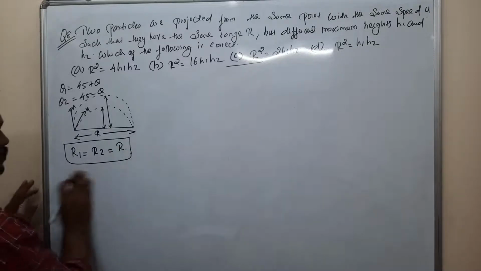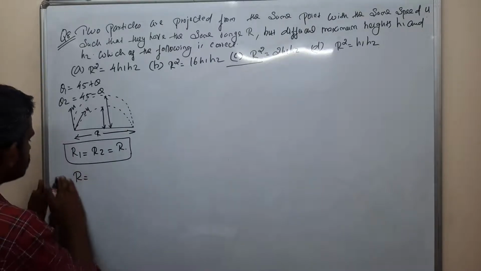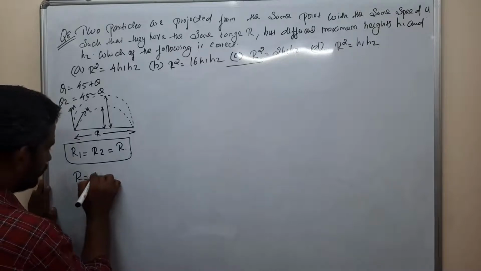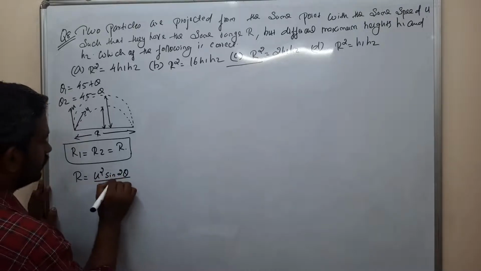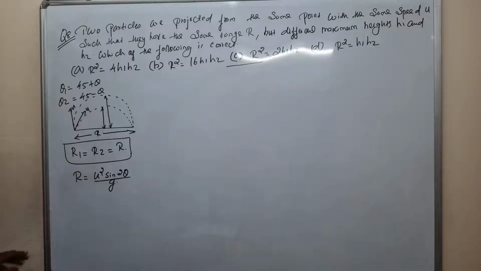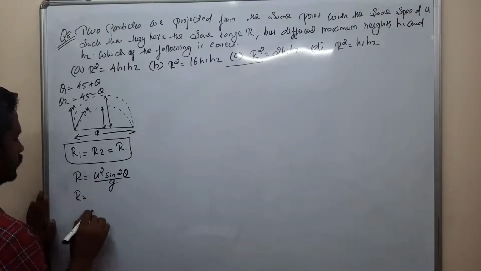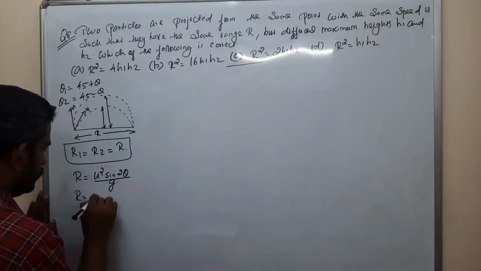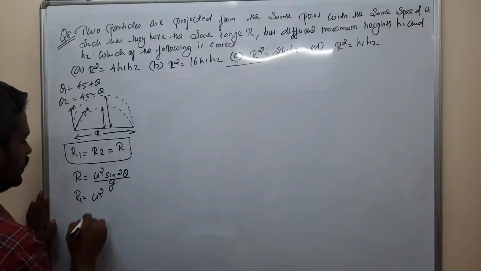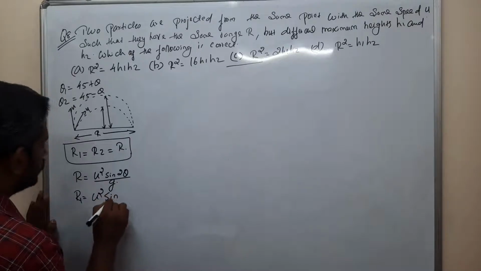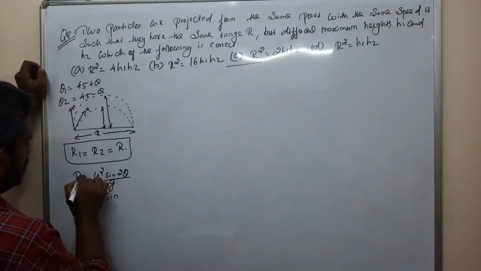So the formula for range is R is equal to u square sin 2 theta divided by g. So R1 is equal to u square sin 2 theta 1 divided by g.